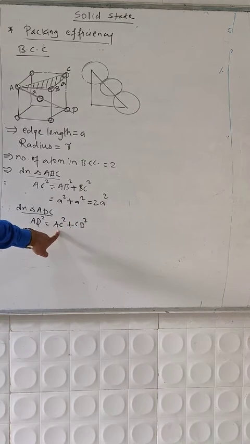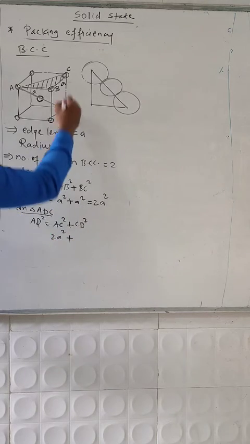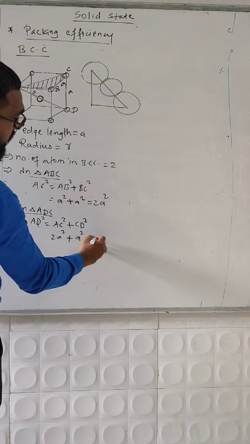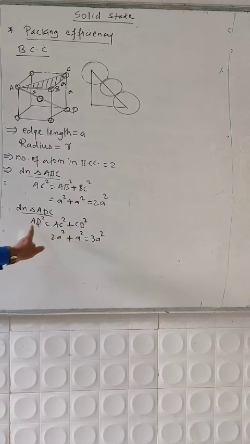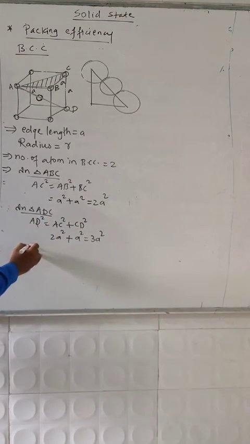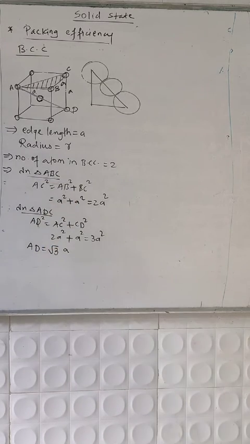What is AC square? That is 2a square. CD square is nothing but edge a square, so 3a square. Taking square root on both sides, we get AD is equal to root 3 a.